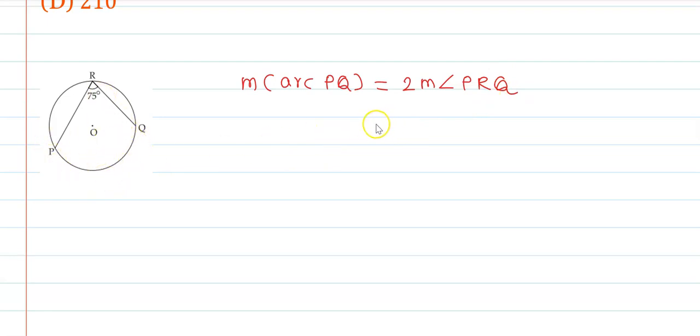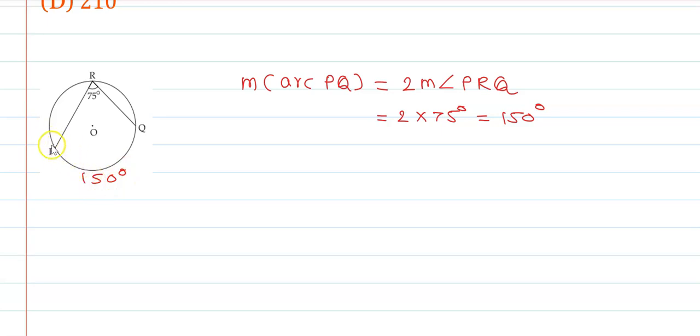Therefore the measure of arc PQ is equal to 2 into 75 degrees, which is 150.